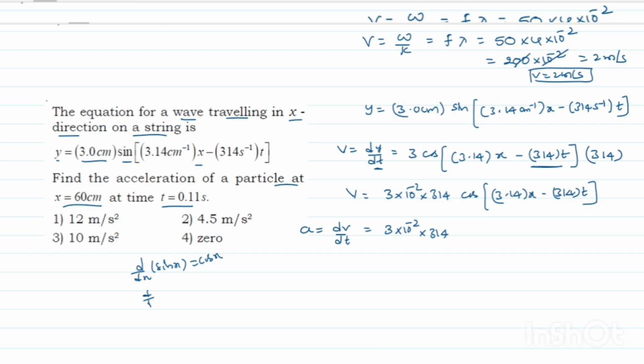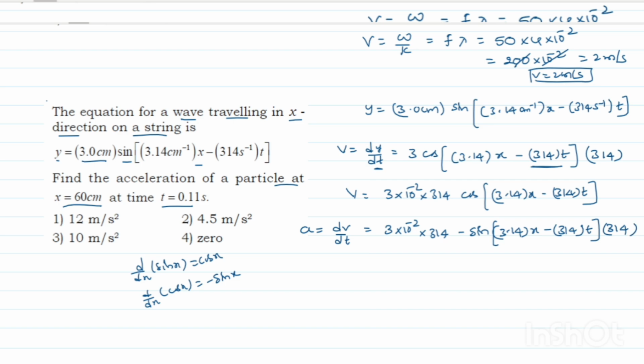So we get minus sin of (3.14 into x minus 314 into t), into, again differentiating with respect to t, with x as constant, 314 alone.